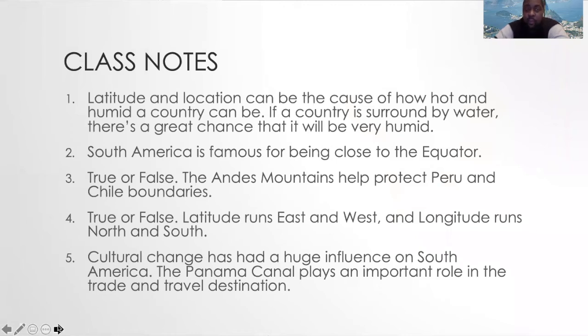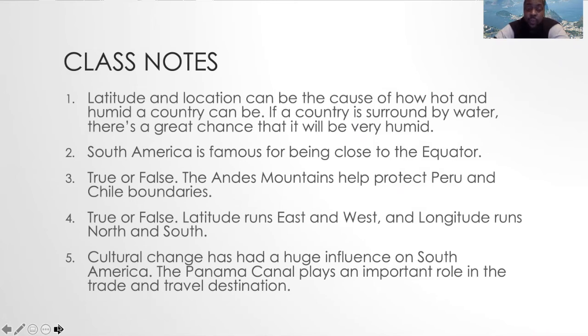Some class notes I want you guys to remember. Now, we know when we do our map studies, latitude and longitude is something we always have to remember. So class note number one, latitude and location can be the cause of how hot and humid a country can be. So if a country is surrounded by water, there's a great chance that that country is very hot and humid.